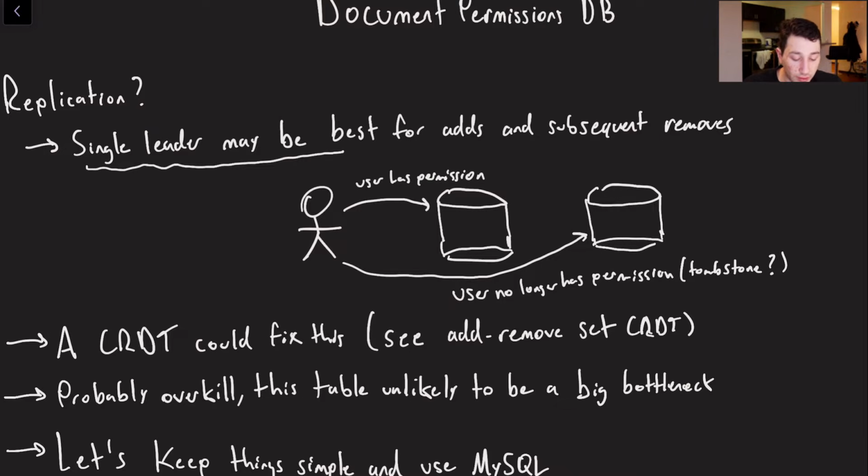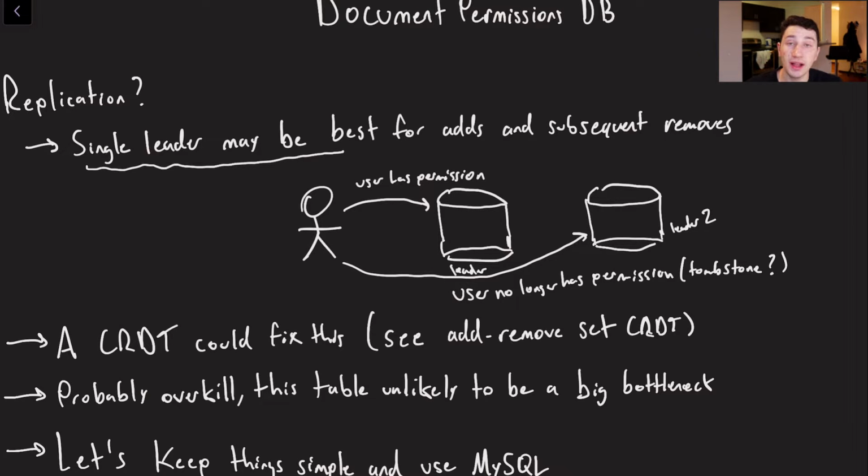The reason for my thinking there is that imagine we were to give a user permission for a certain document, and then we were to quickly remove permission for that user. If we had a leader 1 on the left over here and a leader 2 on the right, keep in mind that adding a user and giving them permission and then removing it is a causal dependency. It doesn't make sense to remove a user's permission unless they've already been added.